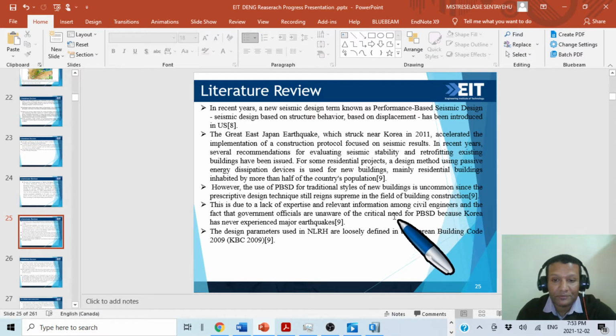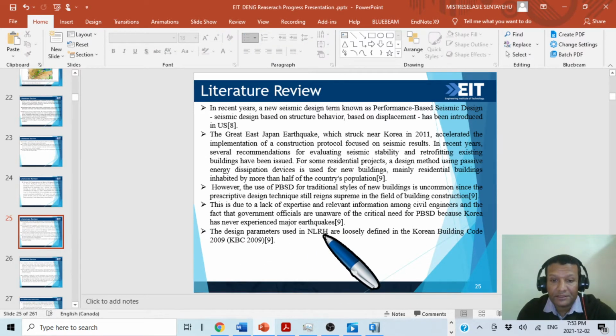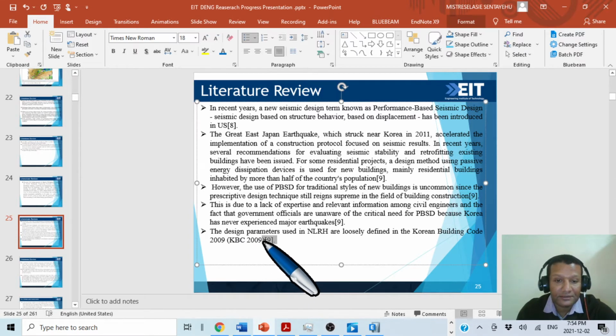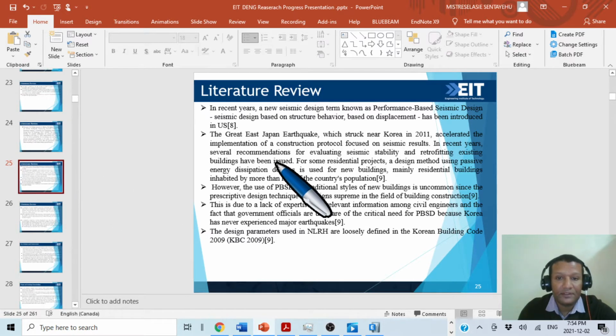This is a very important point because it will work for us also. The design parameters used in nonlinear response history analysis are loosely defined in the Korean Building Code of 2019, KBC 2019. This is written, this researcher already pointed that out. So as you can see, in the Philippines, in Japan, US, Korea, everybody, these countries are in favor of it, only Koreans are not using it.